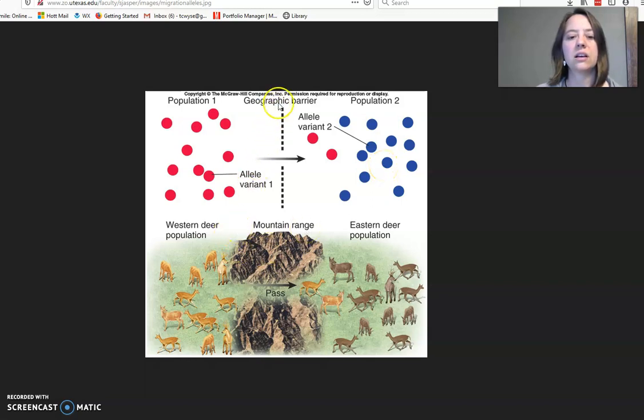We can see it's hard for them to get through, but if there's a pass and some of the western deer get over to the eastern deer population, we see that the frequency of alleles went from all blue to having some red. So the allele frequency in the population has changed. If for some reason their lighter fur gave these deer an advantage over the darker colored fur, then these reds would become more common in the population, and that's evolution.